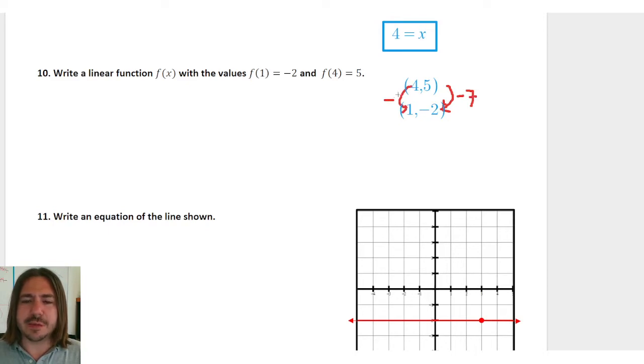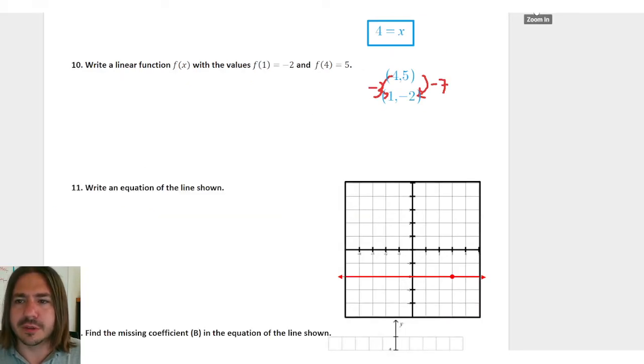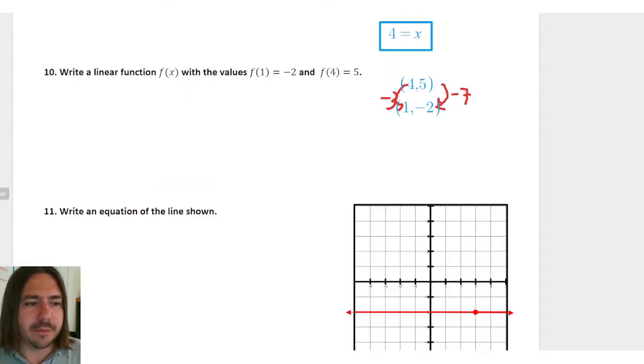So yeah, this is going to end up to be kind of a nasty fraction. It's not going to be a whole number here. So I'm just going to leave it as, that's kind of hard to read, isn't it? I'm going to rewrite that 3 there. But yeah, so I'm just going to leave it in point-slope form.